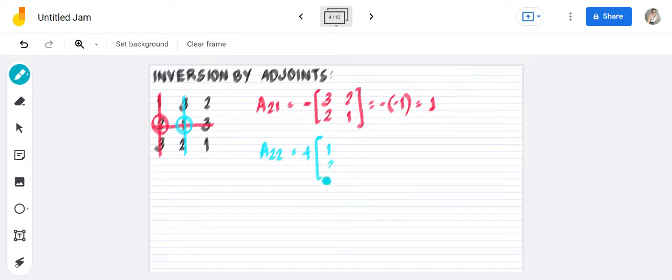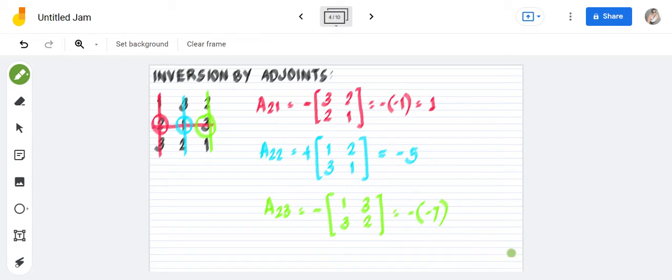So we'll have 1, 3, 2, 1. That is 1 minus 6, so that's negative 5, times positive, so that's negative 5. And then lastly, we have A23. That's negative. We have 1, 3, 3, 2. That's 2 minus 9, negative 7, times negative, or that's positive 7.